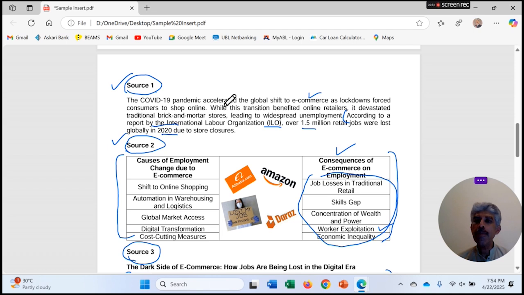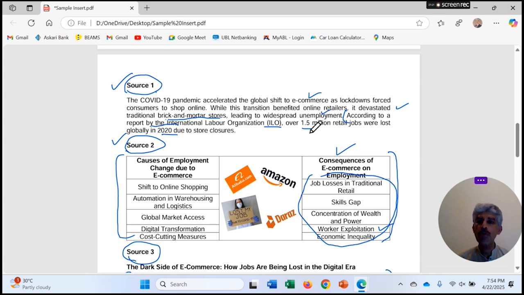So the COVID-19 pandemic accelerated the global shift to e-commerce as lockdowns forced consumers to shop online. While this transition benefited online retailers, it devastated traditional brick and mortar stores. I mean the physical stores or the shops over there, they suffered a lot, leading to widespread unemployment.